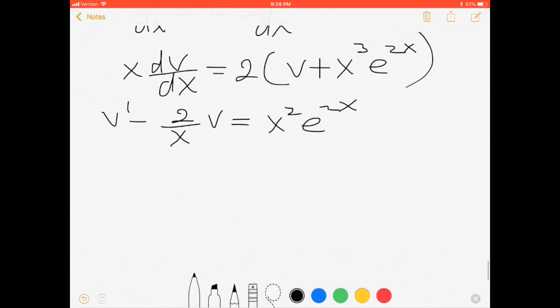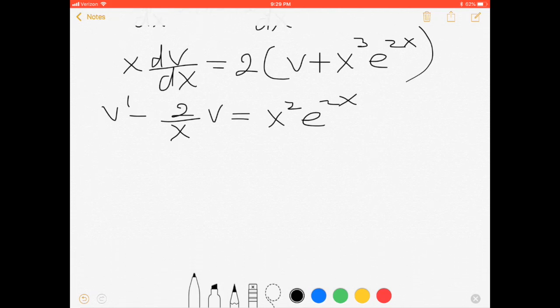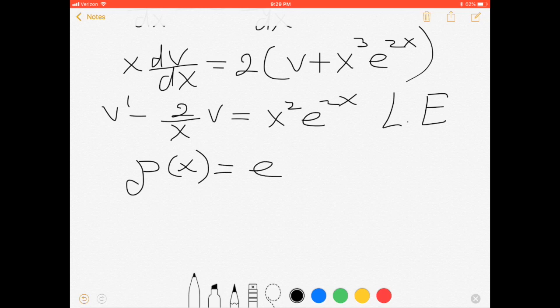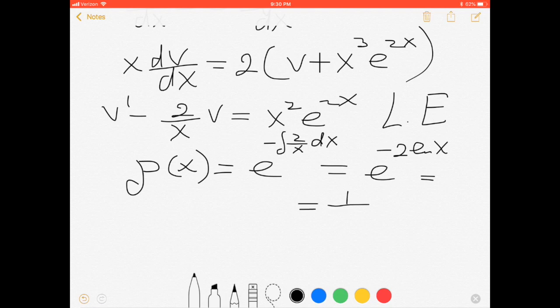Okay, what do we have now? We have a linear equation. This means we can find the multiplier. It will be e to the power of minus the integral of 2 over x dx. This will be e to the power minus 2 ln x, which is 1 over x squared.